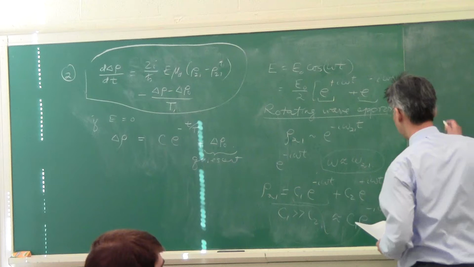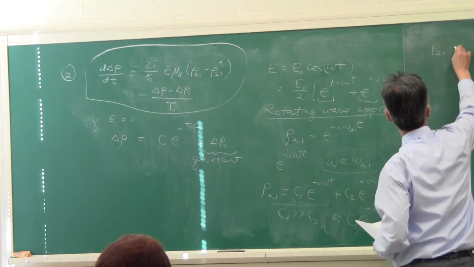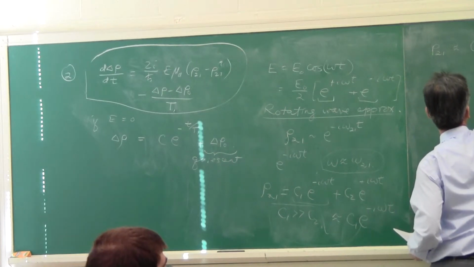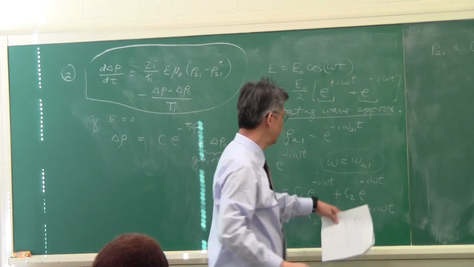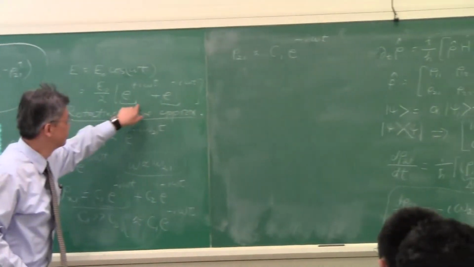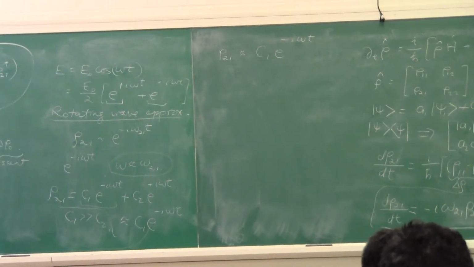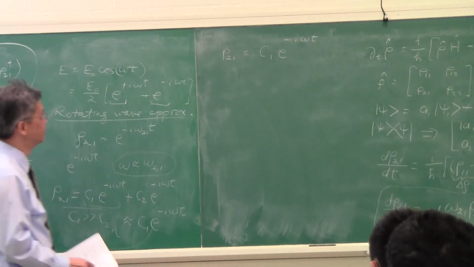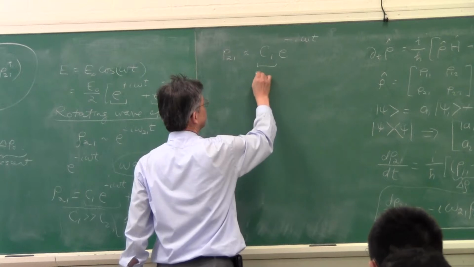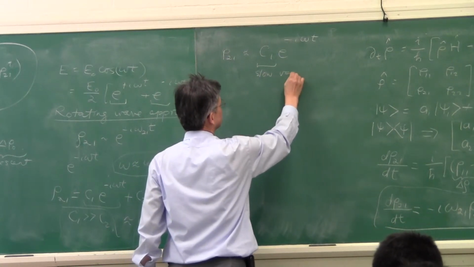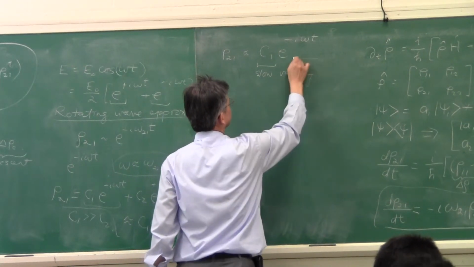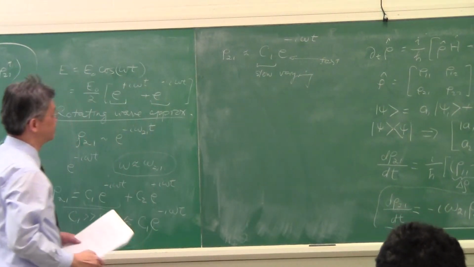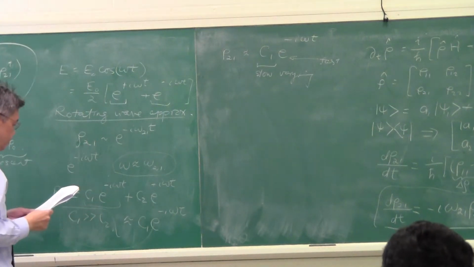So rho 2,1 can then be approximately written as C1 e to the minus i omega t, ignoring the second term, even though there is some driving energy at that term. This is called the rotating wave approximation. And this is going to be a slowly varying function of time. This is going to be fast. So C1 is a function of time, but slowly varying.